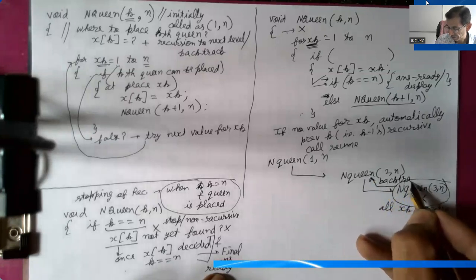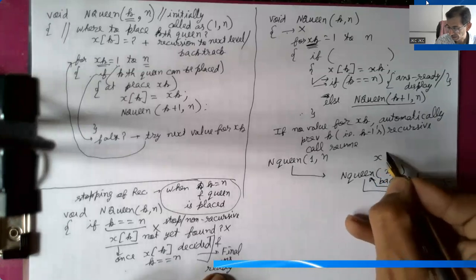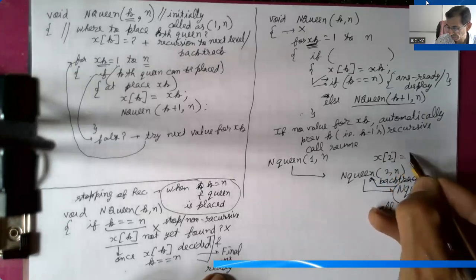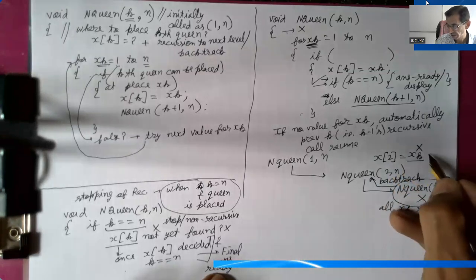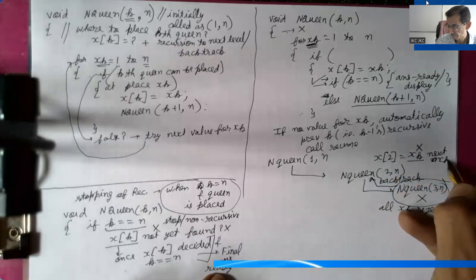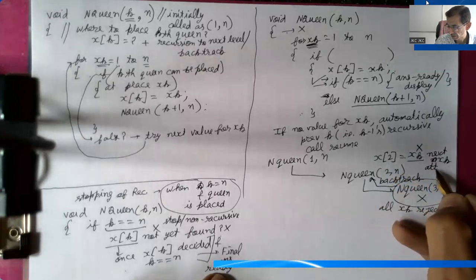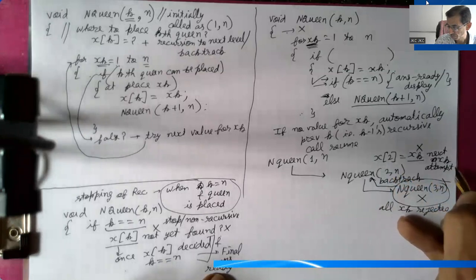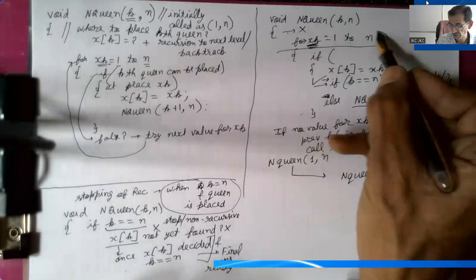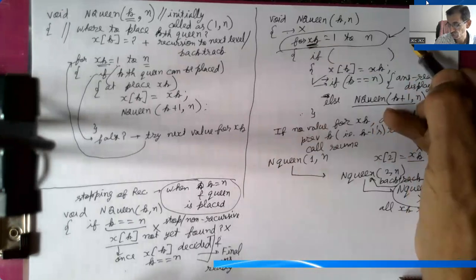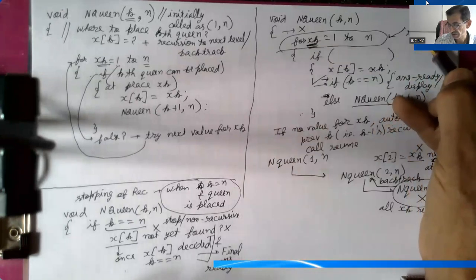And wherever you backtrack, earlier x2 was given some xk. This will be rejected and the next xk will be attempted automatically, because I have a loop which ensures this. This loop ensures to resume and try the next value.